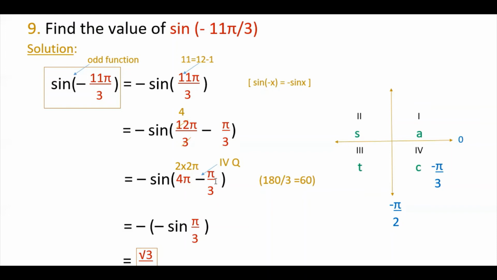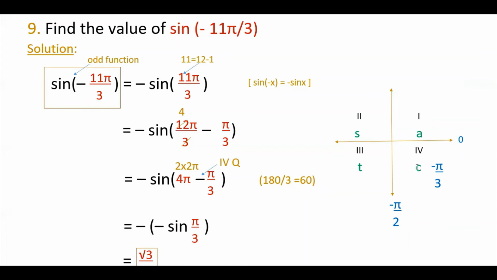And now you can check from this figure. So here minus pi by 3. A negative angle comes in the 4th quadrant. Here this is 0 and this is minus 90, that is minus pi by 2. So minus pi by 3 comes in the 4th quadrant. You can check from this. And in the 4th quadrant, cos and secant are positive.